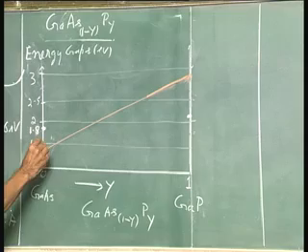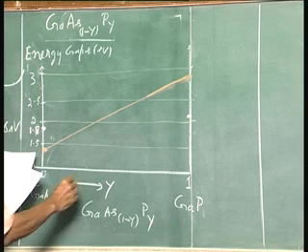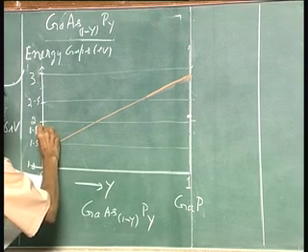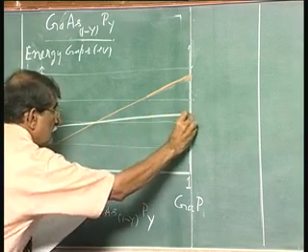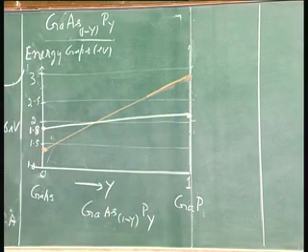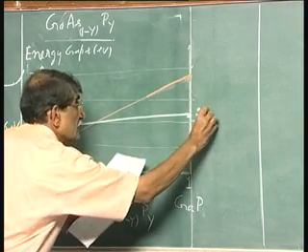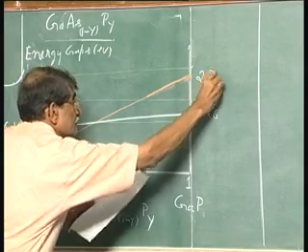So, what you have finally is something like this, I am just trying to keep track of where that 0.5 is. So, somewhere here, the indirect band gap will vary from 1.8 to 2.26, and here it is 2.8.